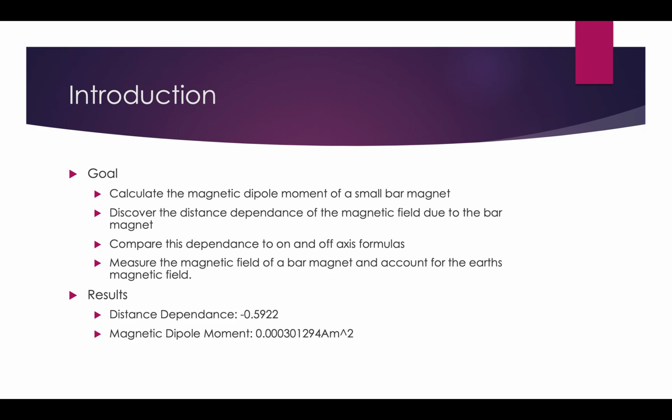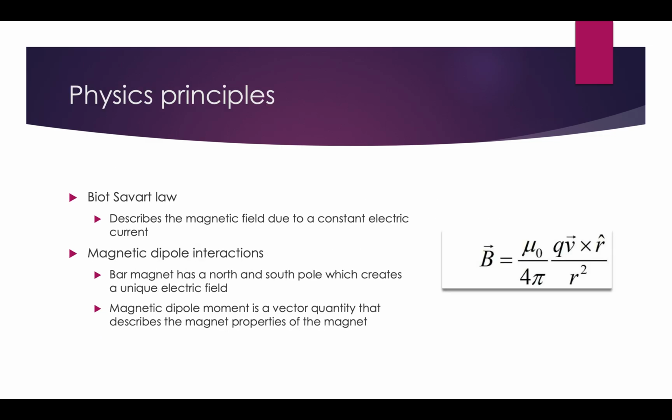These results are very wrong, as I made some errors in the experiment, and these will be addressed later. I will continue on to some physics principles that are really important to understand what is going on in the experiment. The first one is the Biot-Savart law, which describes the magnetic field due to a constant electric current.